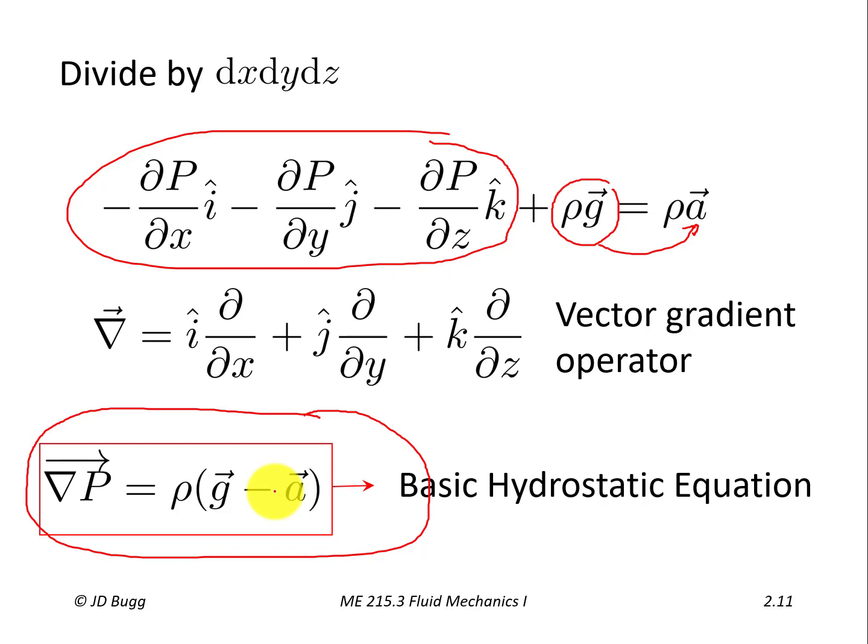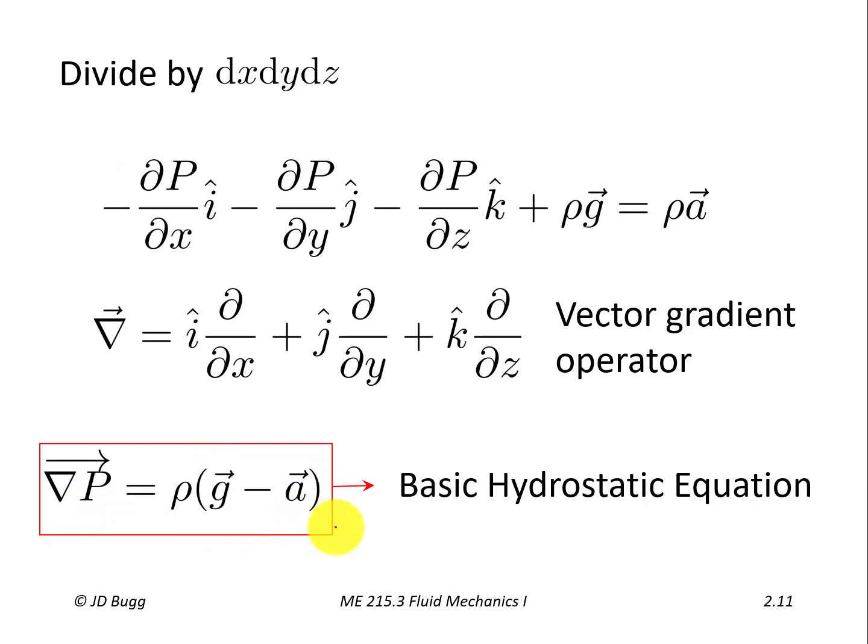Now, realize that this equation tells us something about the pressure gradient, right? If we figure out what all of these things are for a particular problem, that tells us what the pressure gradient is in the fluid. So it's fairly important to remember that the basic hydrostatic equation gives us information directly about the pressure gradient, not about the pressure itself.